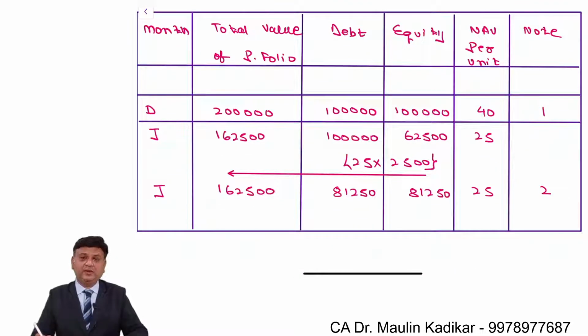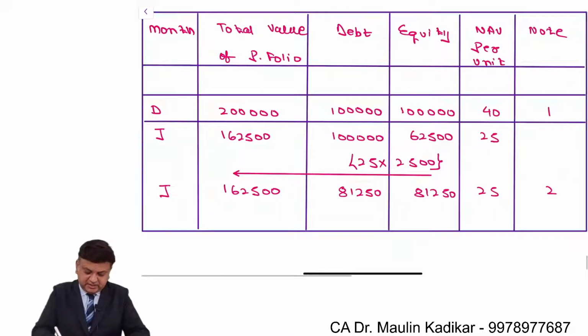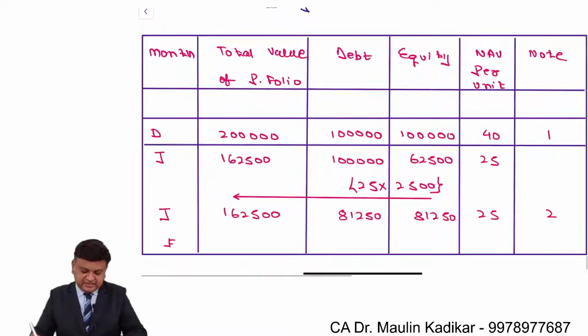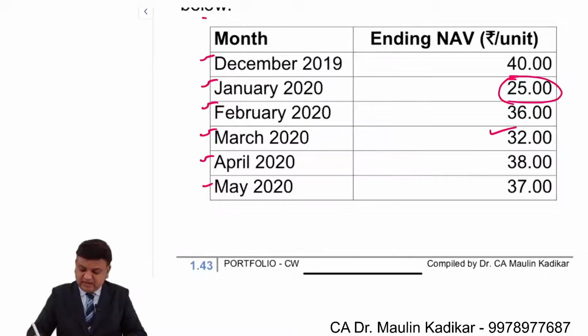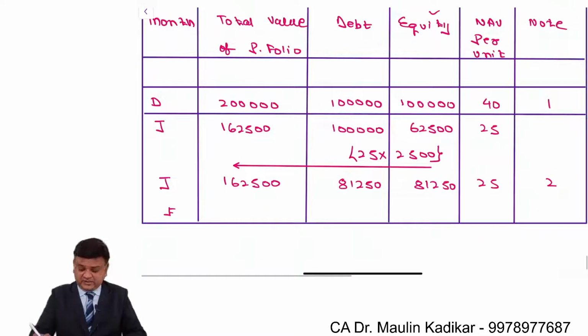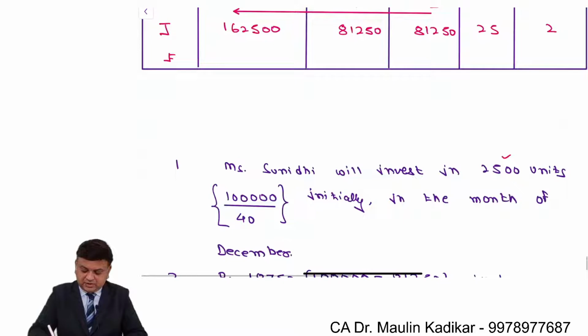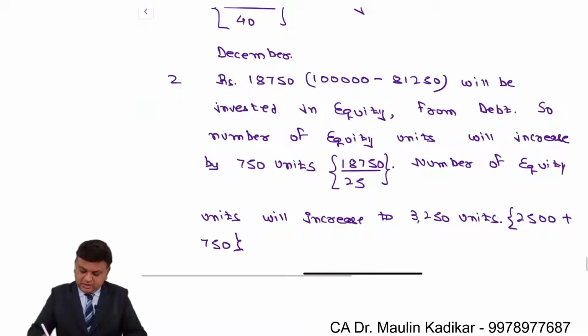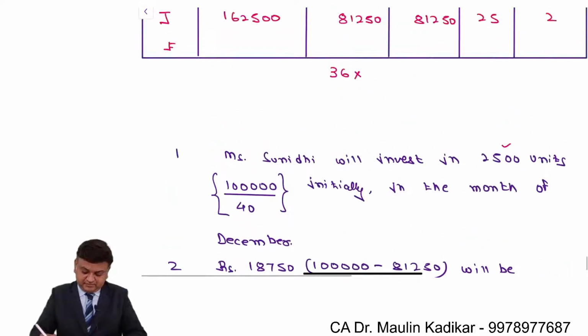Now in the month of February, we are required to do the revaluation once again. In the month of February, we can see that the NAV per unit is 36. So, dear students, the equity value is 36 rupees per unit multiplied by 3250 units.